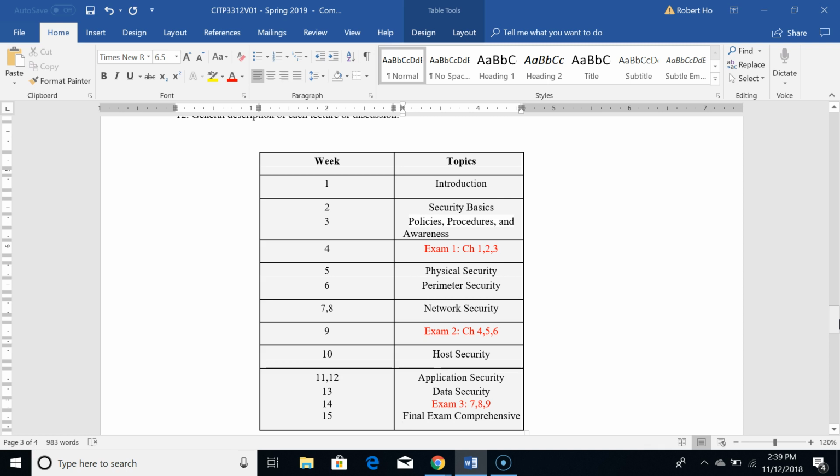So this course actually prepares you to take the Security Plus certification from CompTIA. I believe the price right now is around $300. I'm not sure, so we can check that later on.